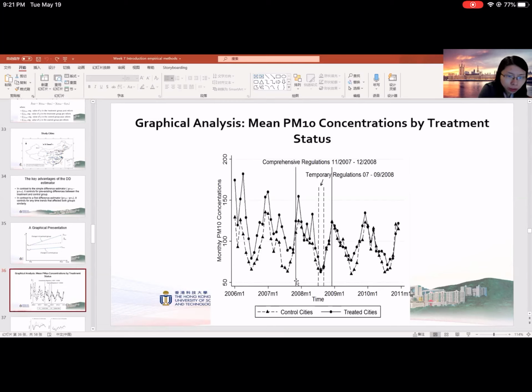These are comprehensive regulations. The regulations were more relaxed for the bigger window, but for the really narrow window, we had temporary, very strict regulation. And you can see the gap pretty much closed completely. In the pre-comprehensive regulation period, there still existed some gap where the treated cities were more polluted. And for years without any regulations, the gaps were largest. So that's what the figure was trying to tell us.